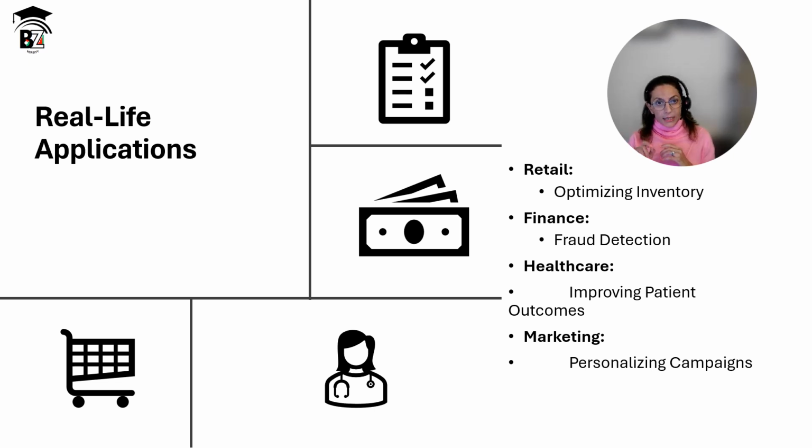Another good example of business analytics is in finance. The banking industry uses it for fraud detection. They use analytics on customers' behavior based on their banking transactions. For example, they know that the majority of the customers living in this area spend money in this area.